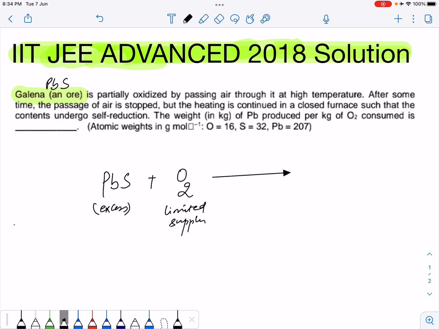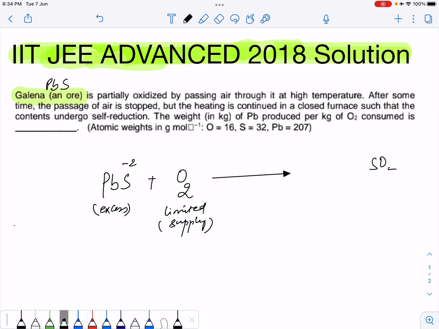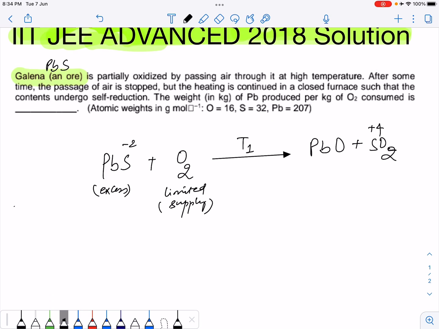When oxygen is passed through galena, sulfur goes from -2 oxidation state to +4, and at the same time the sulfide ore gets converted to oxide ore. Let's say this happens at temperature T1. In this process, not all PbS gets converted to PbO. A part of PbS gets converted to PbO.